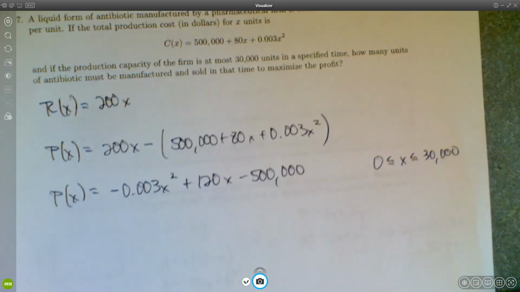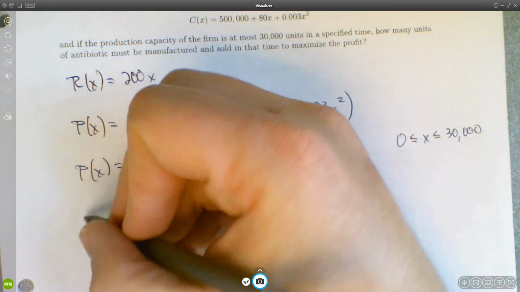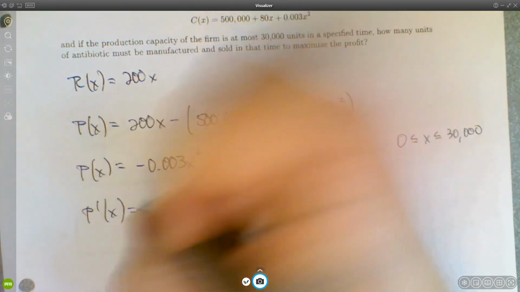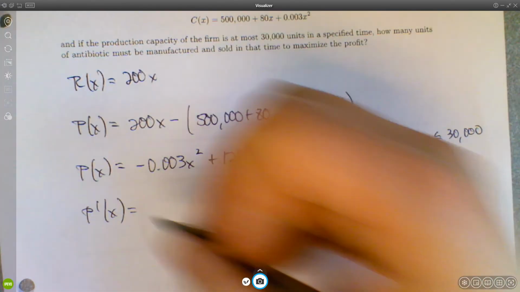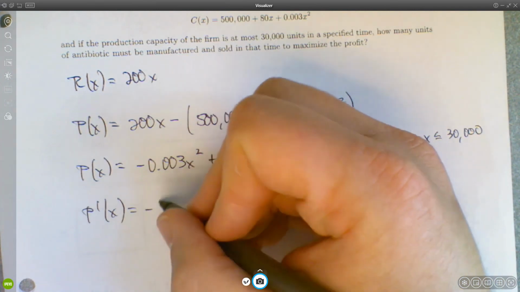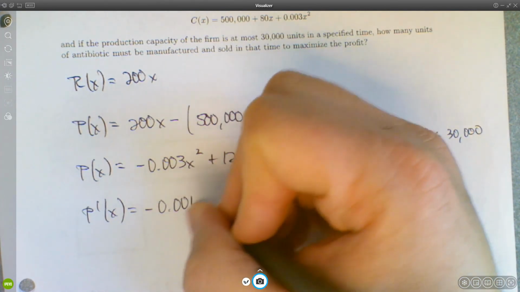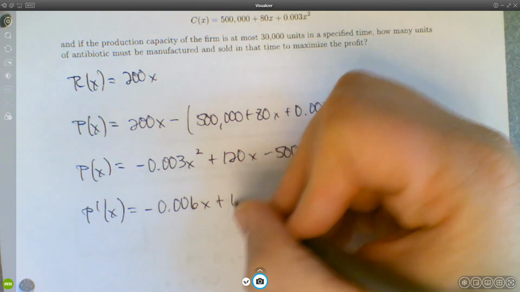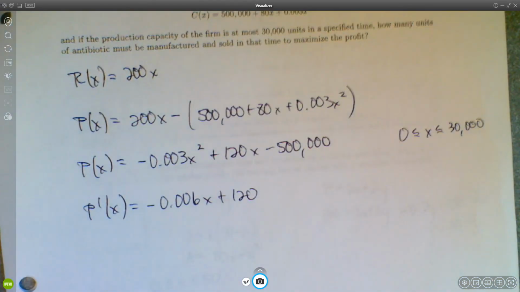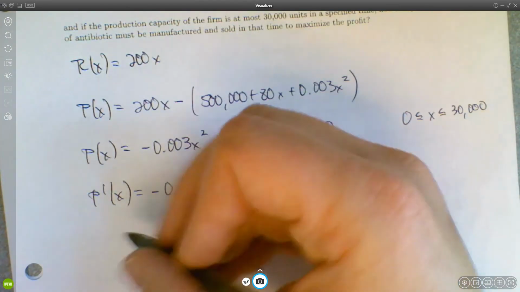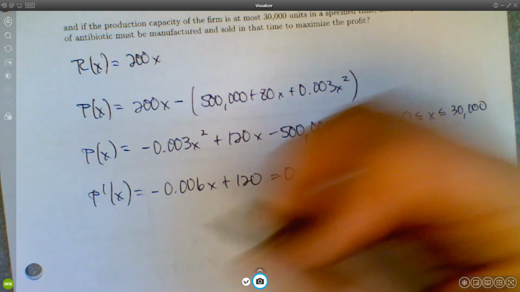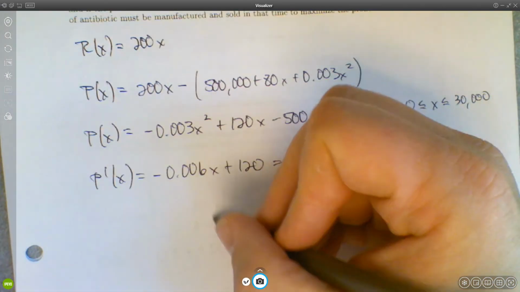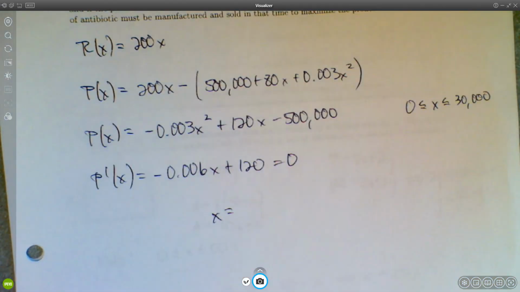So let's see if we can maximize this thing. P prime of X is, multiply that by 2, I get negative 0.006X plus 120. Well, that's not bad at all. If I set that equal to 0 and then solve, I'm going to get X equals negative 120 divided by negative 0.006.